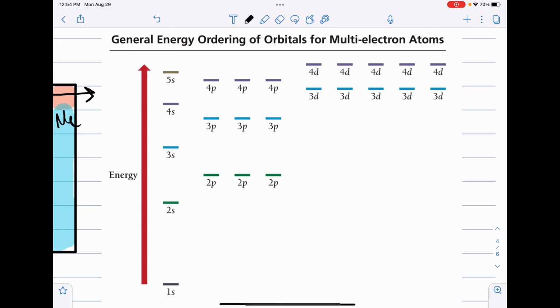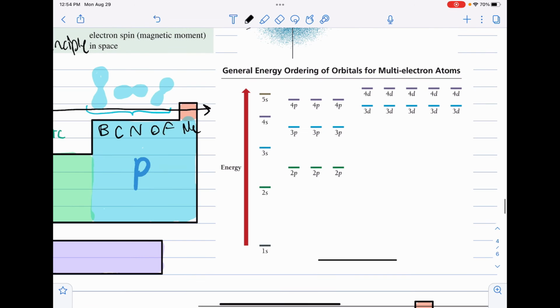I know it's kind of weird. And then we keep on going up in energy. So you just fill up based on energy. And then when you have multiple orbitals in a subshell, so like 3 in the p subshell, or in the d, we're going to have 5, and the f, we're going to have 7, you can fill them all in 1 and then 2 electrons with Hund's rule.